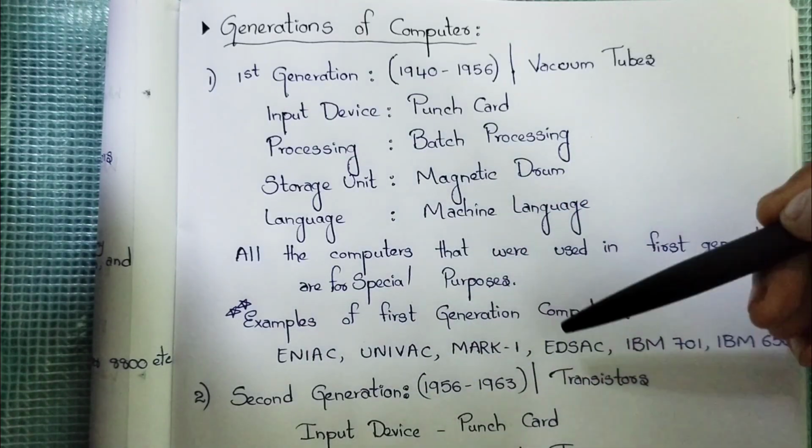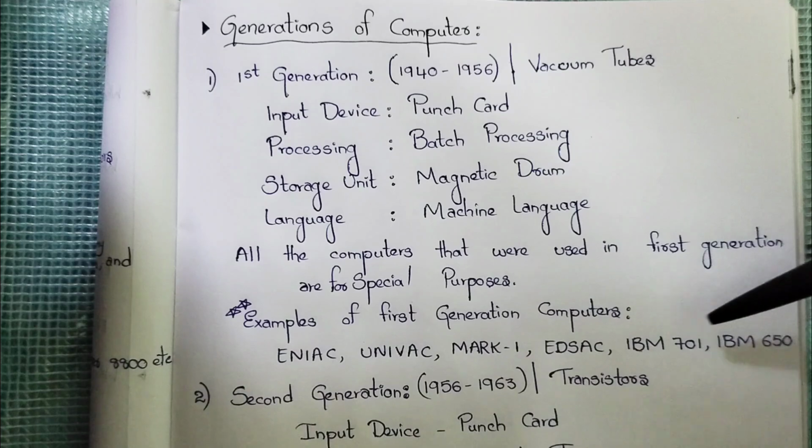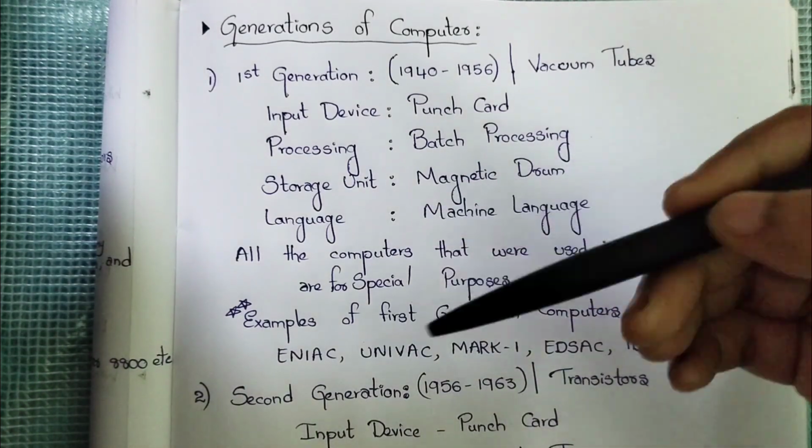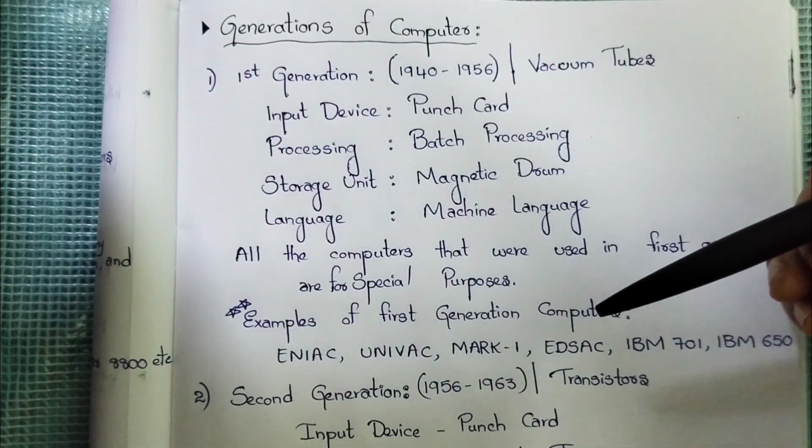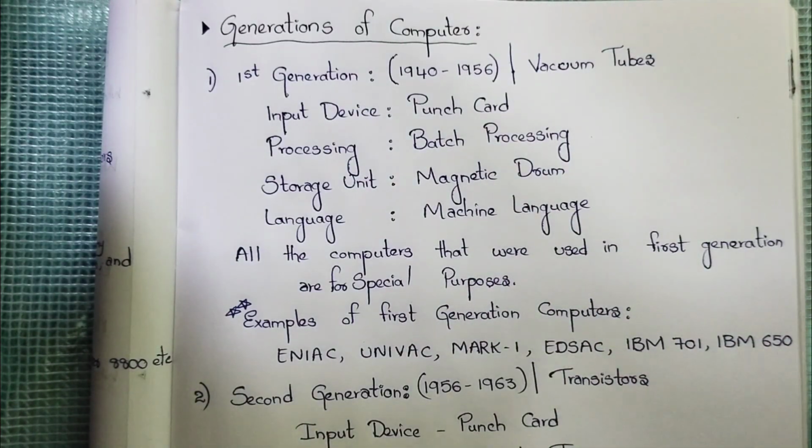UNIVAC, Mark 1, EDSAC, IBM 701 and IBM 650. The full forms of these I will discuss in the next lecture, where I will be discussing the history of computers.